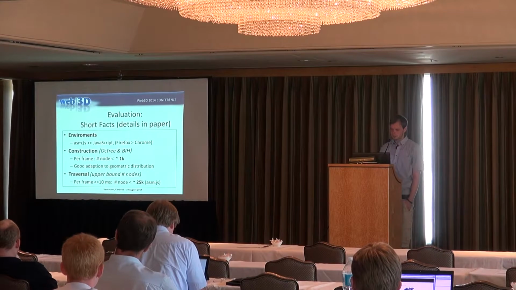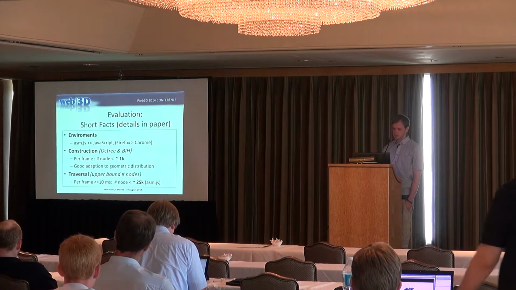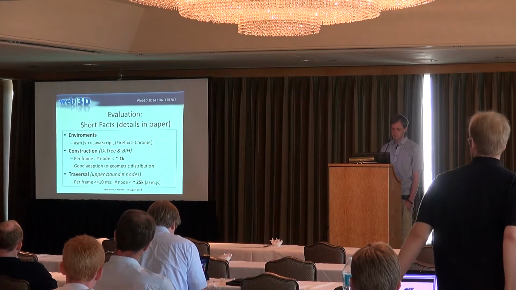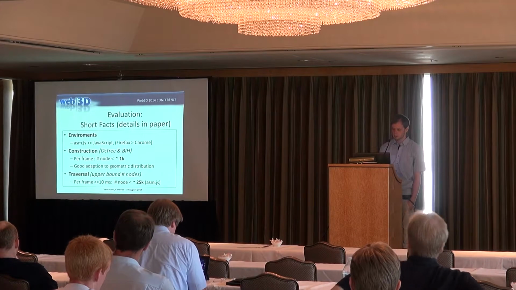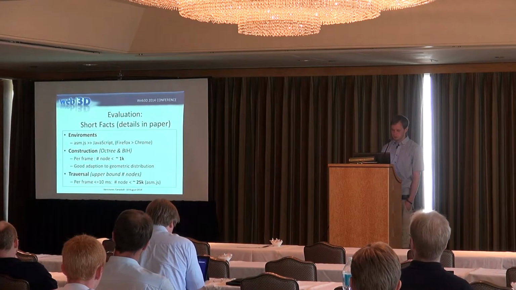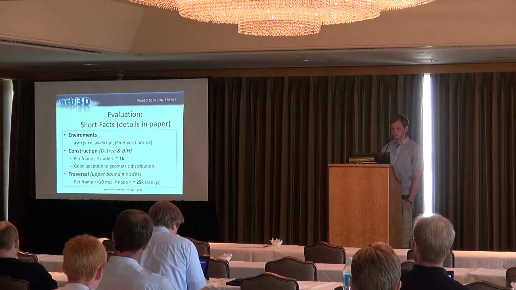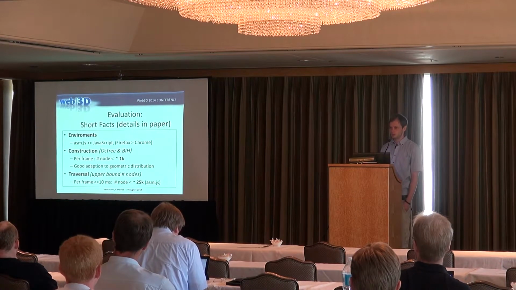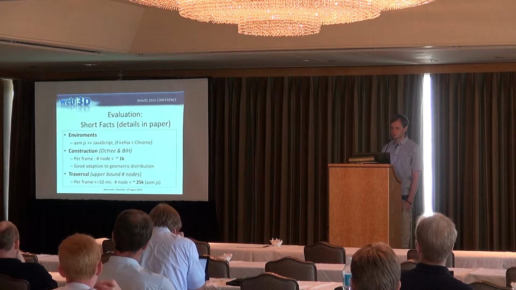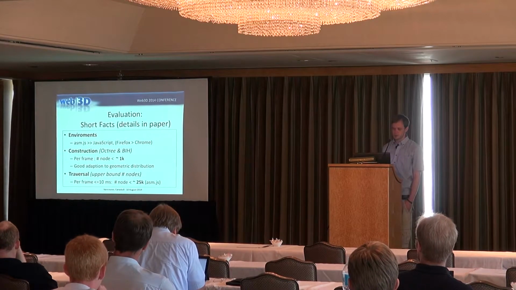Some short facts on the evaluation before I go into more detail on the culling techniques. The ASM.js environment proved to be way more efficient than JavaScript, outperforming it by a huge factor. Firefox was a little bit faster considering the calculations, but the overall rendering performance in Chrome is better, so you cannot really give a result on this.